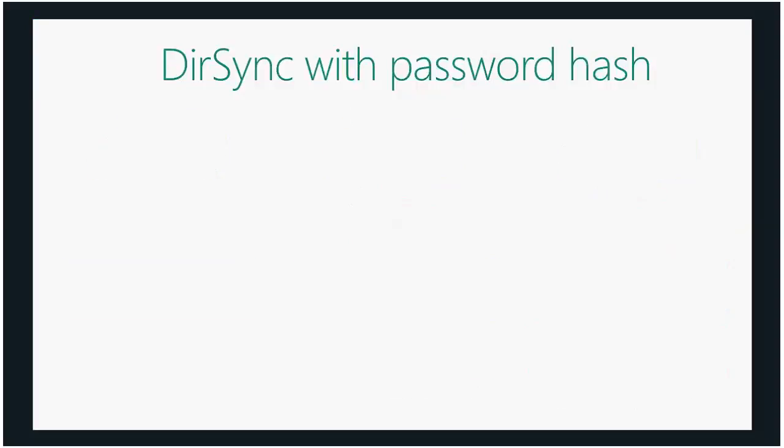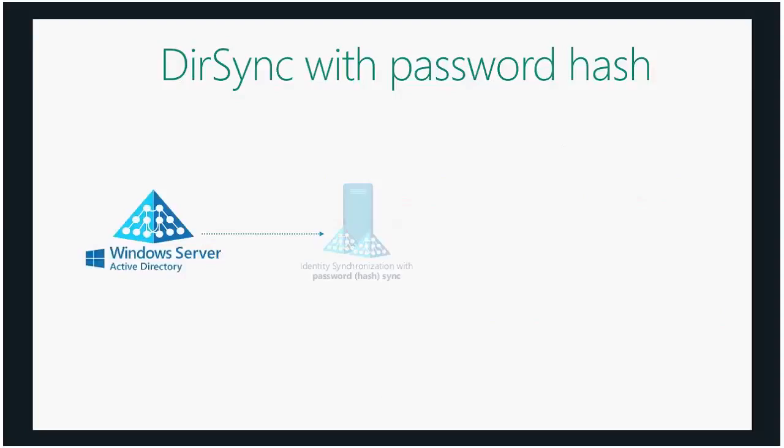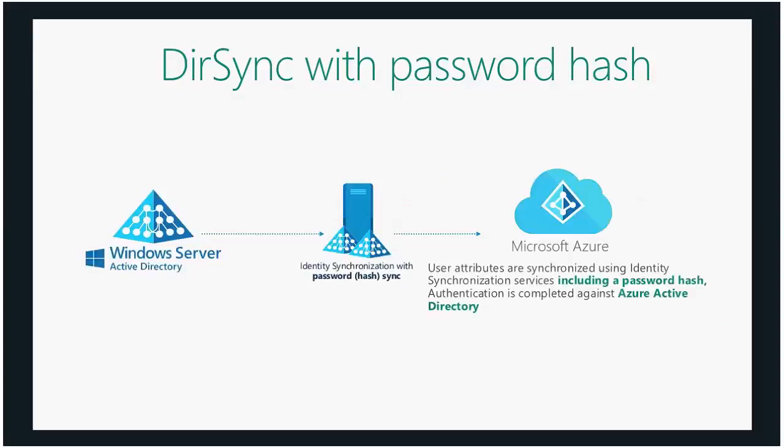Now, I want in this slide to make you aware of a very important concept when we think about this distinction between synchronized identity and federated identity. And in my opinion, this is a concept that a lot of people really fail to understand correctly. When we have synchronized identity, the authentication is done by Azure Active Directory.